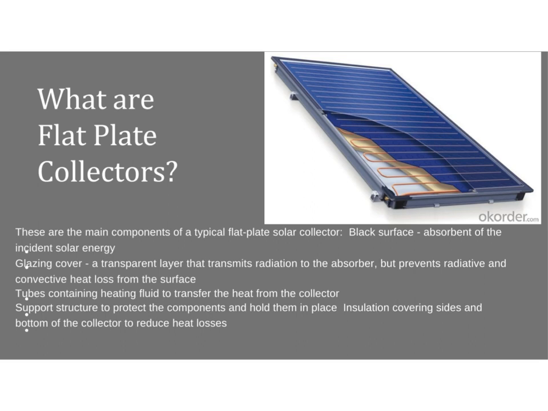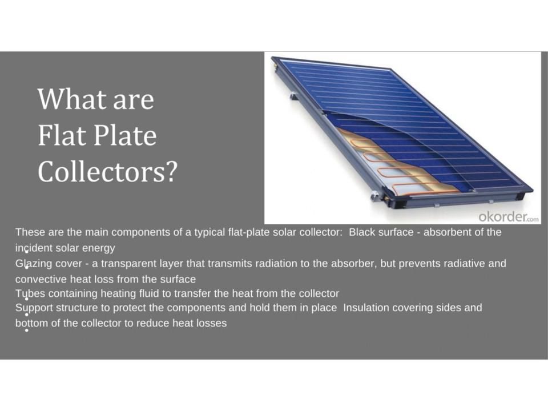So these are the main components of a typical flat plate solar collector. Black surface: this is the absorber of the incident solar energy. Glazing cover: this is a transparent layer that transmits radiation to the absorber but prevents radiative and convective heat loss from the surface.